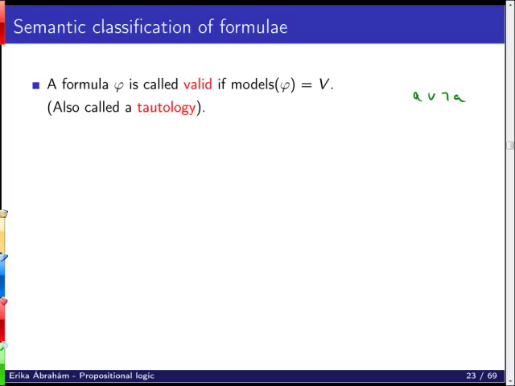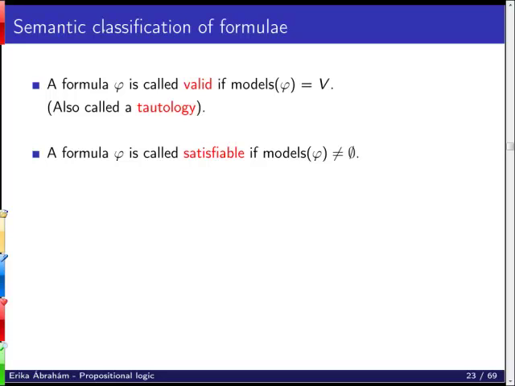Okay, and what is satisfiability? When do we say that the formula is satisfiable? Exactly. There exists a model that satisfies it. That means the model set is not empty.